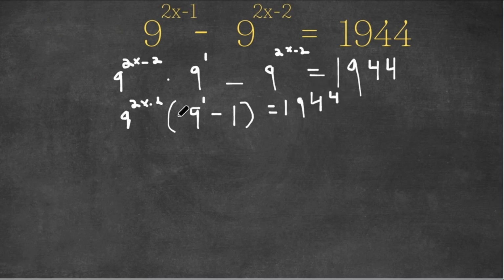So now, 9 to the power of 1 is 9, and minus 1 is 8. And I'm still multiplying this with 9 to the power of 2x minus 2.